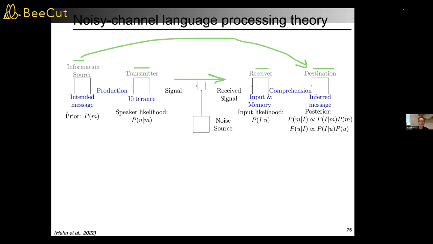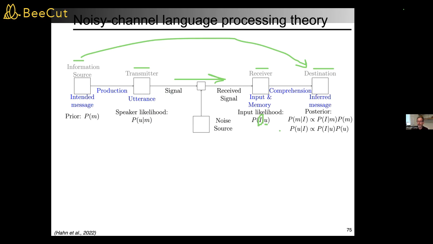And in blue and in black at the bottom is my glossing of this Shannon diagram in terms of language processing mechanisms. A speaker intends something, they have production mechanisms that lead to an utterance that is transmitted across a noisy channel. Input and memory mechanisms lead to further noise, and the noisified utterance reaches the receiver.